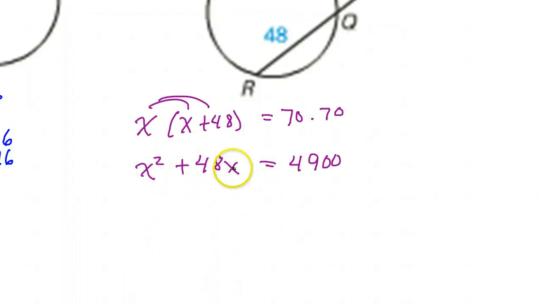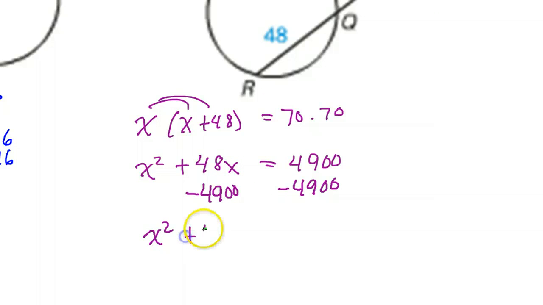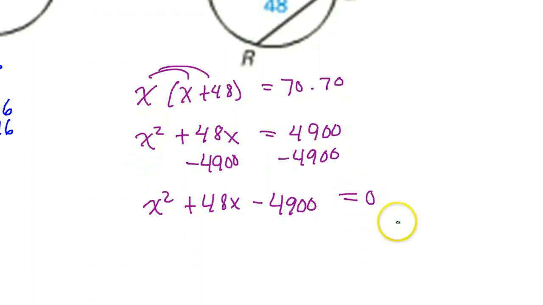I have x squared and x, so I'm going to have to either factor or use the quadratic formula. Either way, I need 0 on one side, so I'm definitely going to subtract 4,900 from both sides. So I've got x squared plus 48x minus 4,900 is equal to 0.